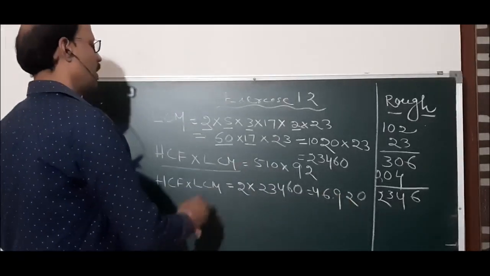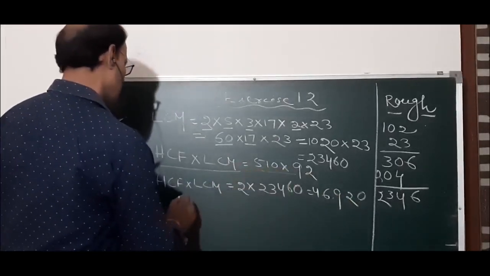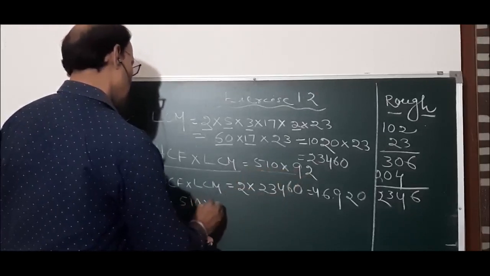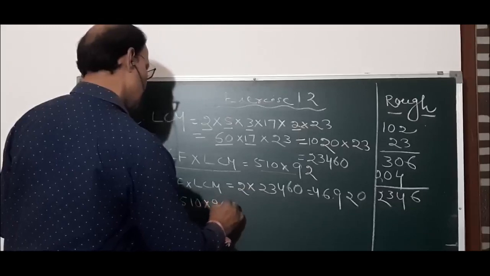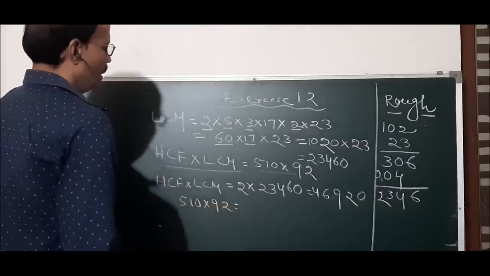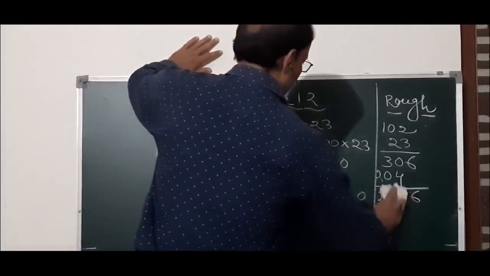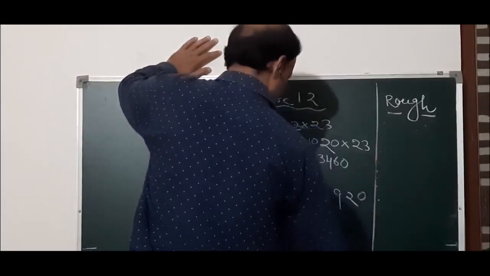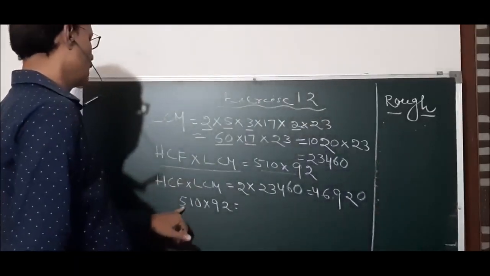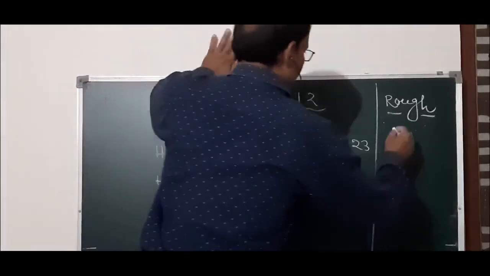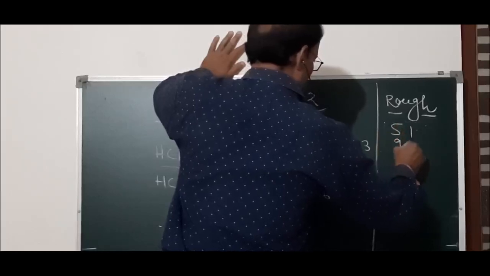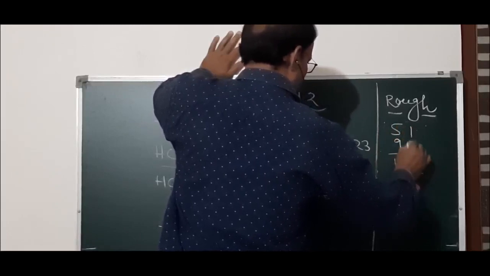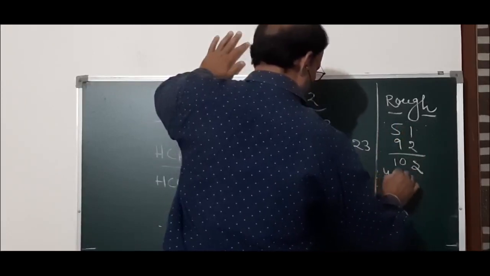So let's multiply the two numbers, that is 510 multiply 92. We have to multiply 51 by 92. 2 1 are 2, 2 5 are 10, 9 1 are 9, 9 5 are 45.